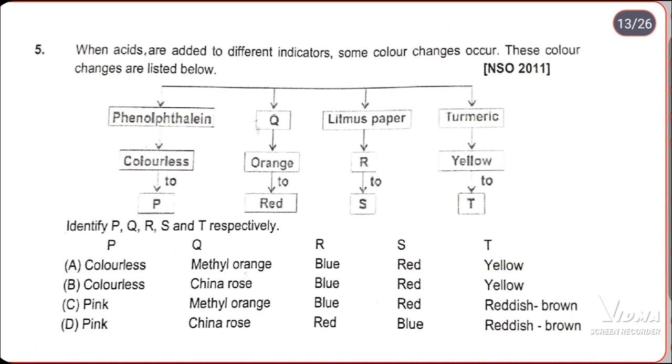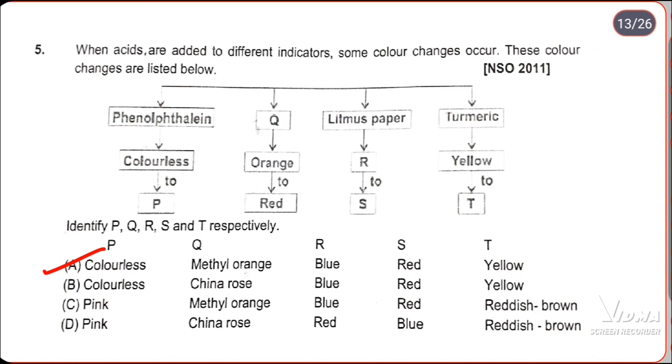So either A or B can be the answer. Now orange to red is changed in methyl orange, right? So the correct answer is option number A, because China rose changes green to magenta, right? So the correct answer is option number A, but let's go through all the other R, S, T also.